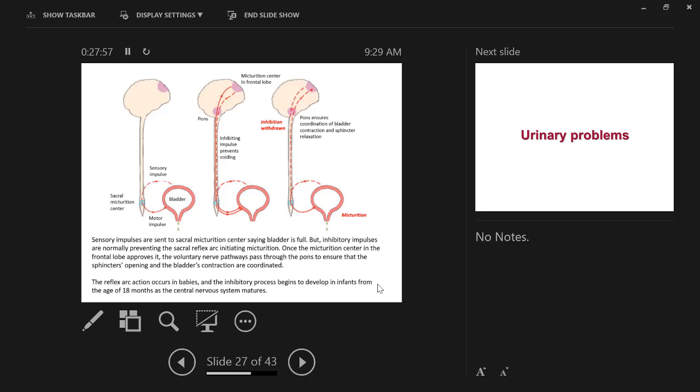By the way, this reflex action occurs in babies, but the inhibitory process begins to develop in infants from the age of 18 months as the central nervous system matures. So that's why you can control micturition after 18 months.